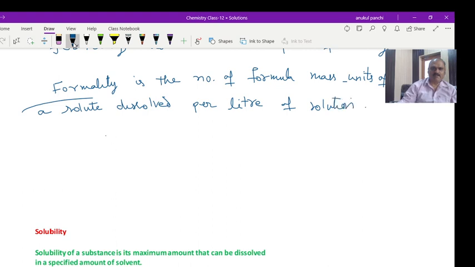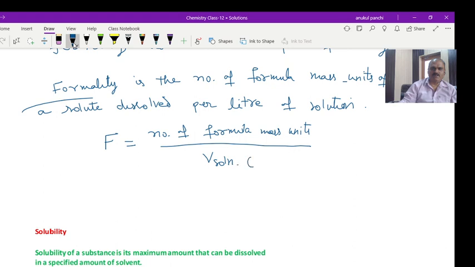That is, F is equal to number of formula mass units upon volume of solution in milliliters into 1000.